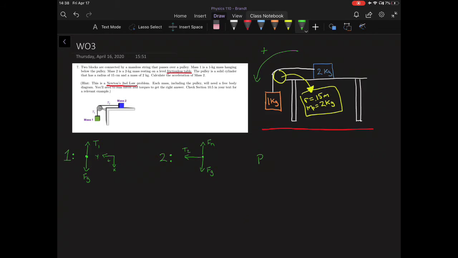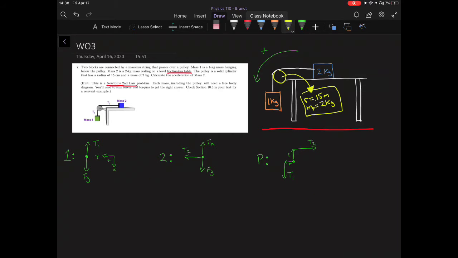And then lastly, we're going to have to look at the pulley as well. So the pulley here, we've got some radius away, but we have tension 2 pulling us towards block 2, and then at some radius away, we also have tension 1 pulling us down.